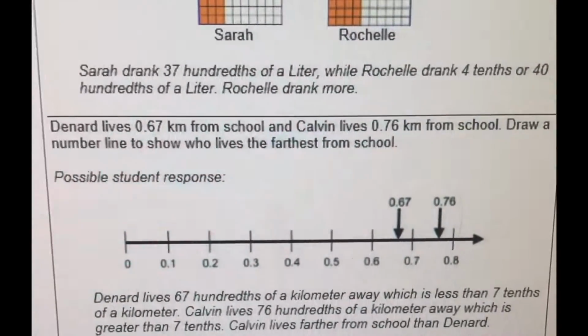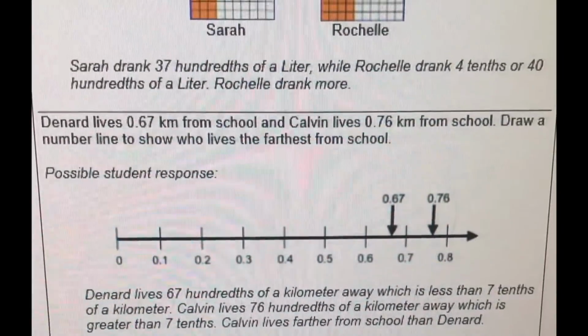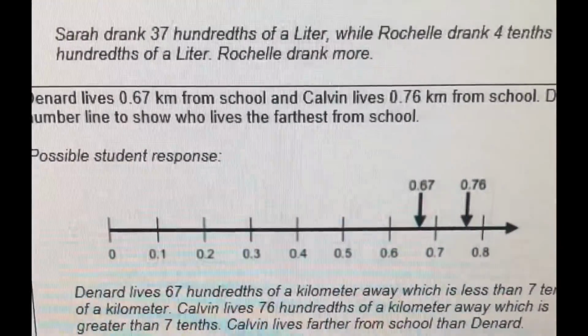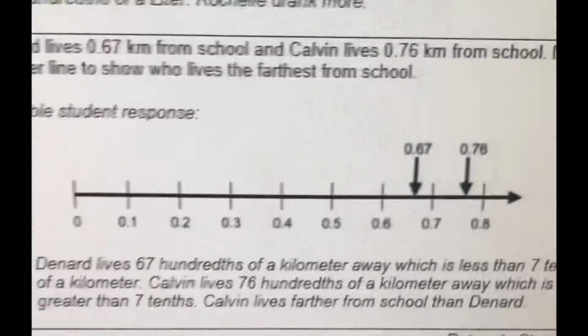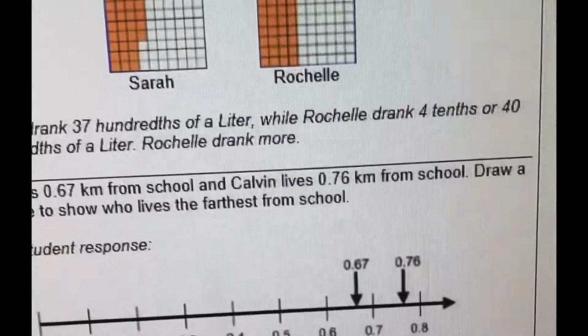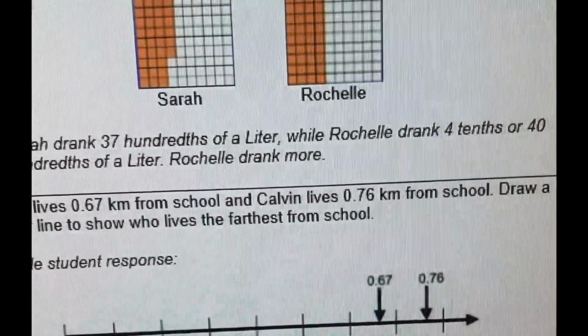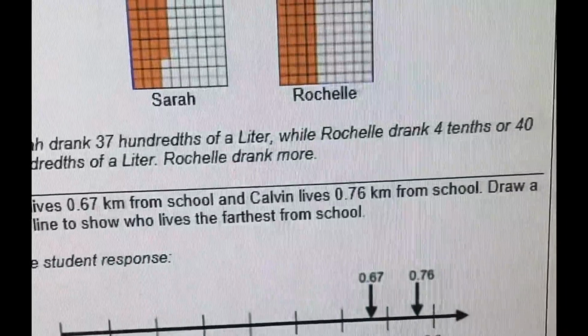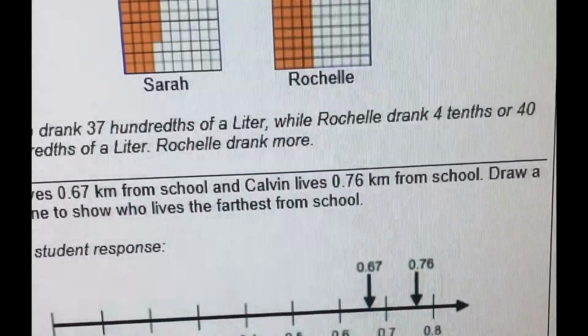Draw a number line to show who lives the farthest from school. Possible student responses. And notice that number line, same thing if it was fractions. That would be 1/10, 2/10, 3/10, 4/10, 5/10, 6/10, 7/10, and 8/10.